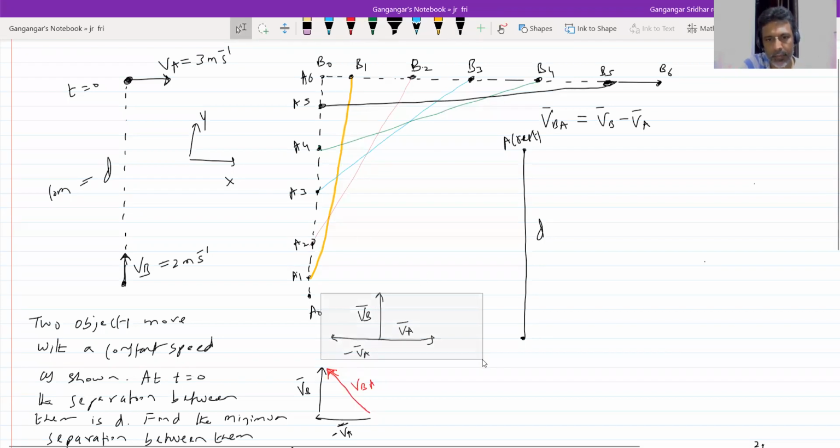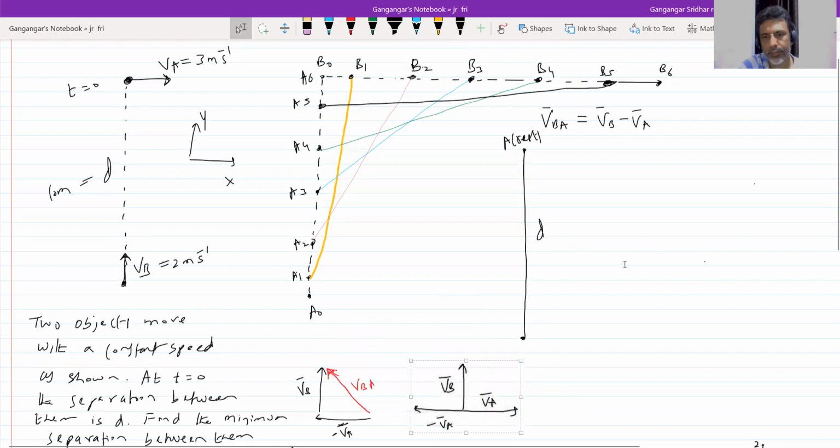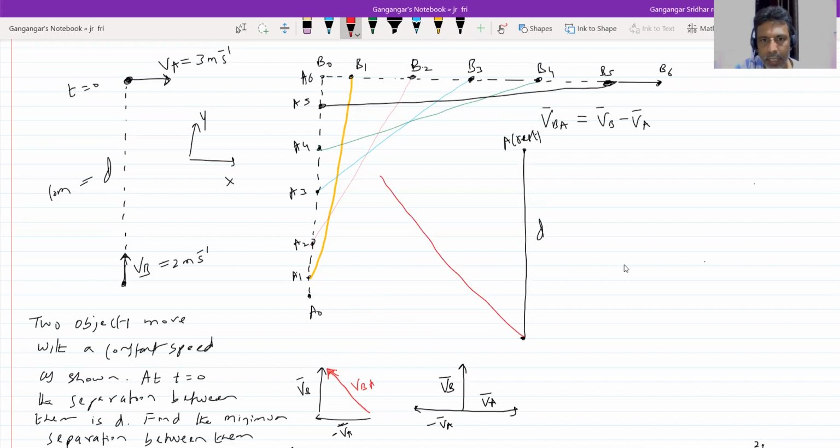So the VBA direction will come like this. Now what is this? The path of B with respect to A. You write it. What name should I give this? I should give this the name path of B with respect to A.